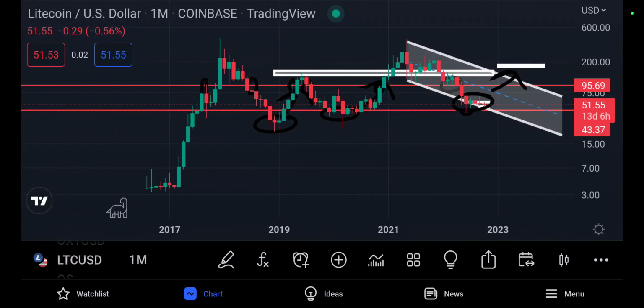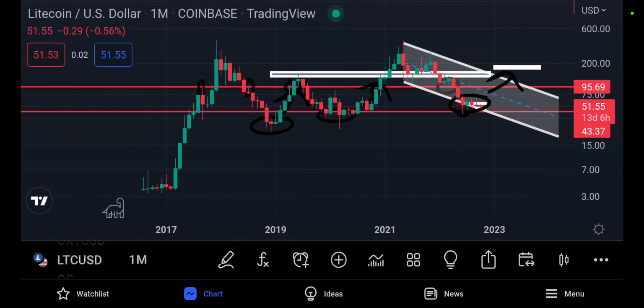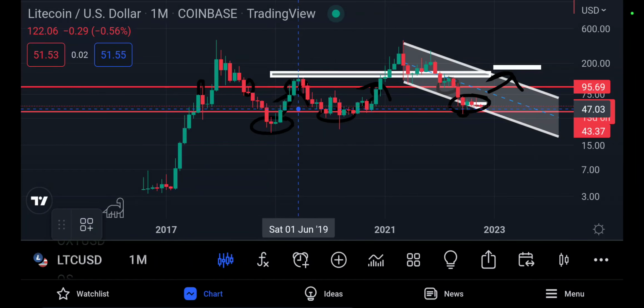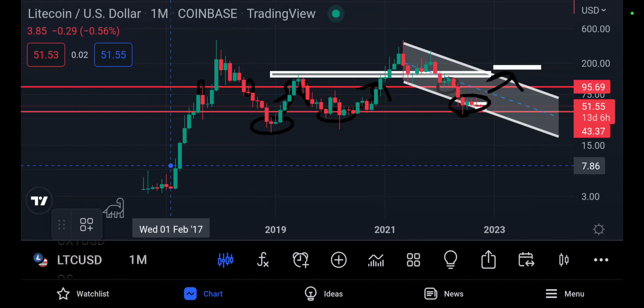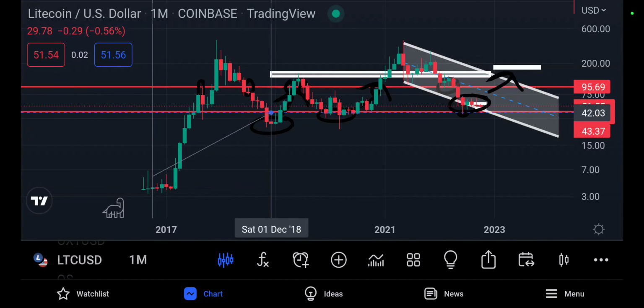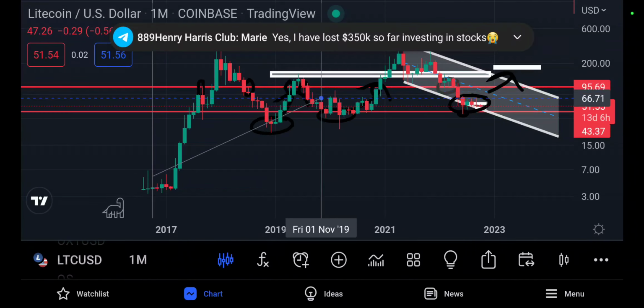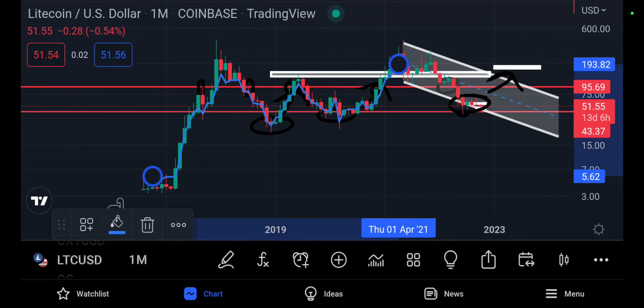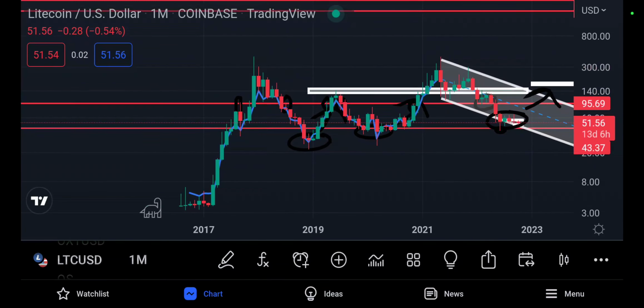I'm also looking at this as well. If we take a bars pattern, which is basically just copying the previous price action, what happened back in the past. Say if I take this and to, let's say here. Sorry, I didn't turn my notifications on.